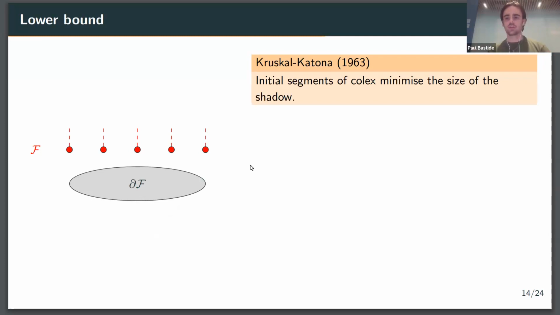And that's something that we want, because we want to continue with the least possible number of chains that we add at layer t. Okay, but actually this is not exactly what we need, right? Because this is not just about the size of the shadow.